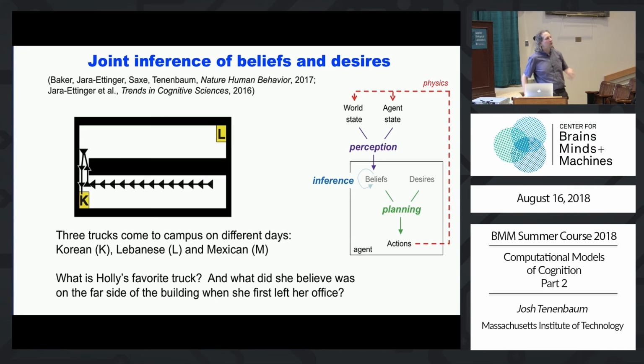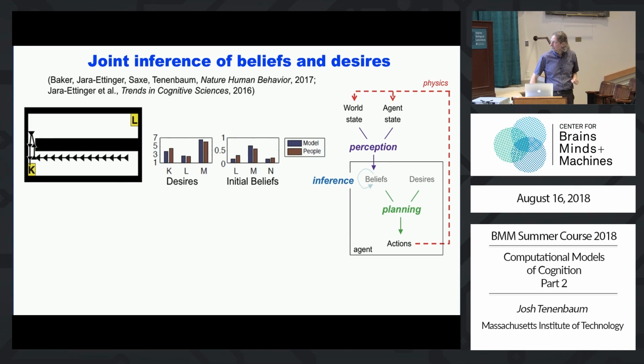What did they think was on the other side of the building that they couldn't see? In this case, people say that the favorite truck is Mexican and that it's most likely that on the other side of the building, the Mexican truck is there, as opposed to the other possible worlds. They know it can't be Korean because that's here, but it could have been the Lebanese truck or it could just be nothing. And on different days, those are all options. Those all actually happen.